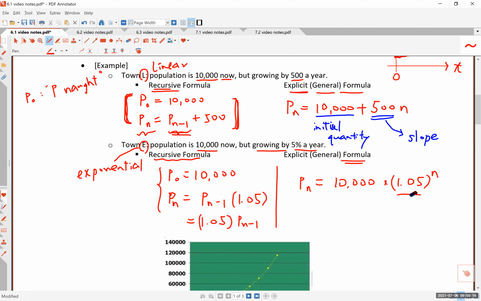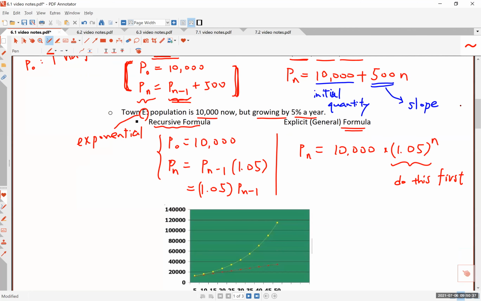So the number of times you multiply 10,000 by 1.05 is going to be that number n. Make sure you do this part first on your calculator, okay? Because otherwise, if you take 10,000 times 1.05, and then raise that to the nth power, you get a number that's way too big.